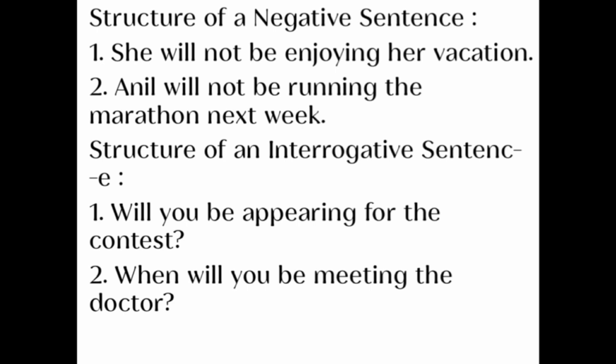Examples: she will not be enjoying her vacation. So they are describing for the future that she will not be enjoying her vacation. Then Anil will not be running the marathon next week. So this is also describing the future and the auxiliary verb is will not be.